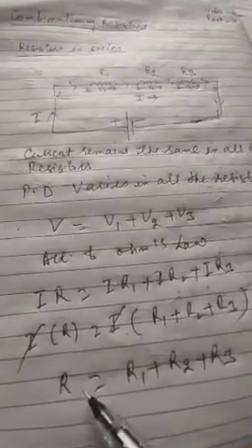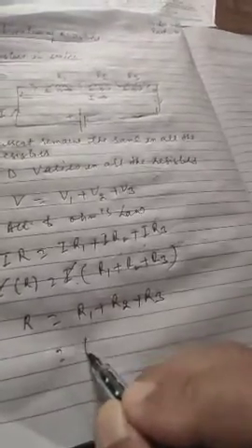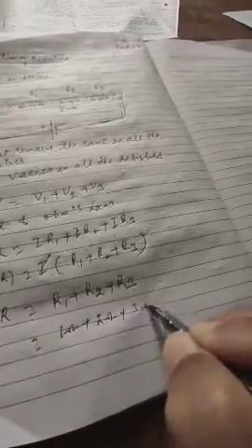It means the effective resistance, total resistance, or equivalent resistance when the resistors are connected in series is the sum of the resistance of all the resistors. It means that suppose if R1 is 1 ohm, R2 is 2 ohm, R3 is 3 ohm, so the total is 1 plus 2 plus 3, 6 ohm is the total resistance.